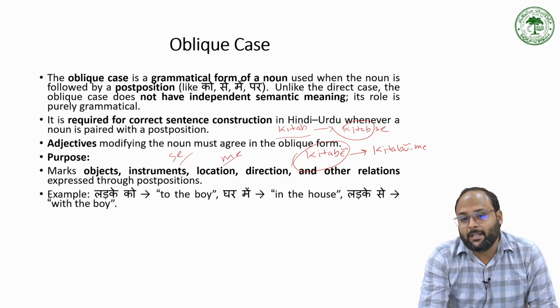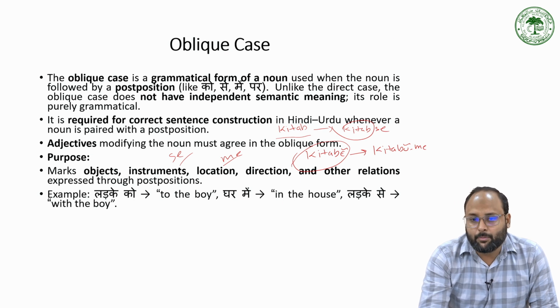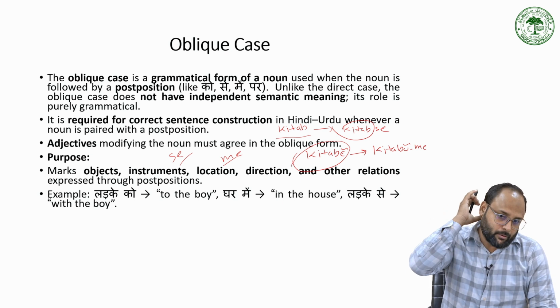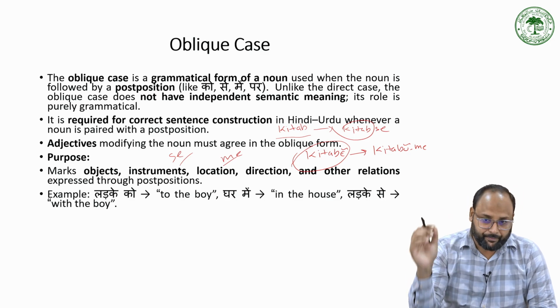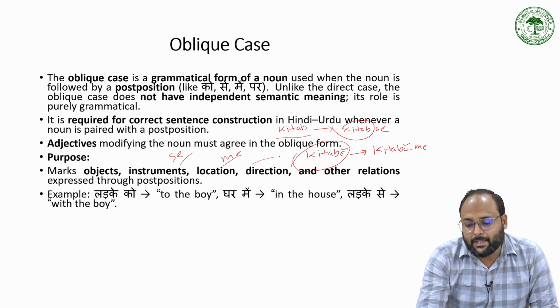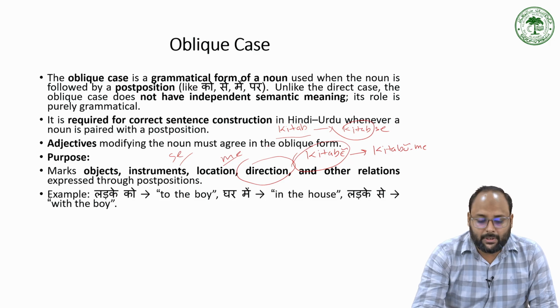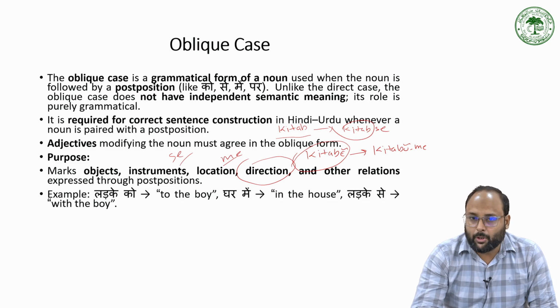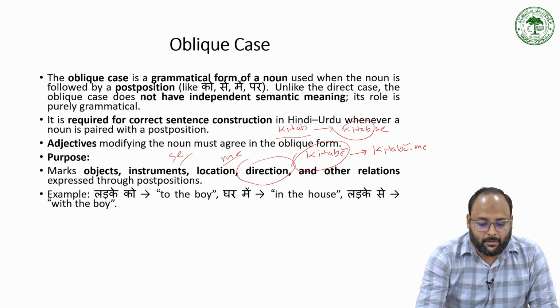So when we are adding mein to any noun, it is modified because of the postposition. And for direction also, we are using ko or any other postposition. Because of that postposition, the oblique form may change. So the base form is ladka, and when we add ko, it becomes ladke ko.